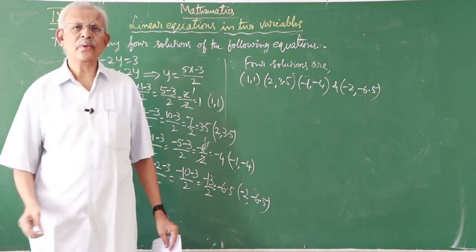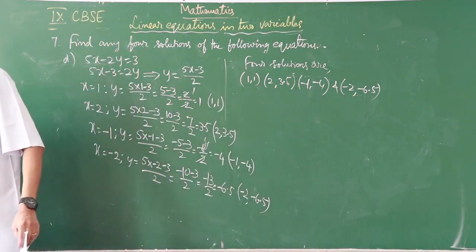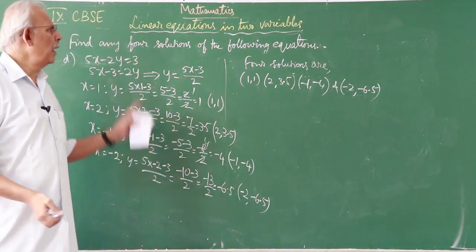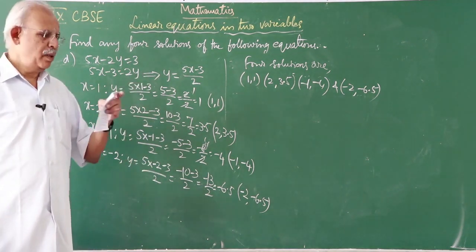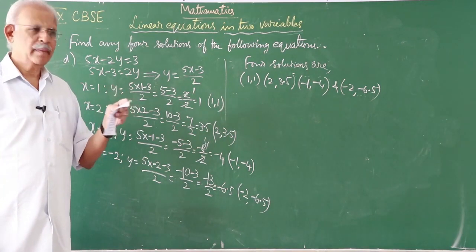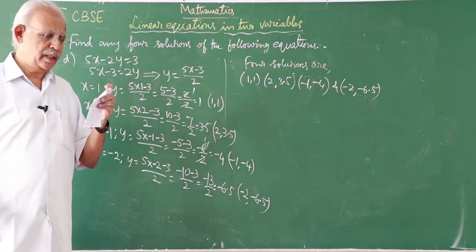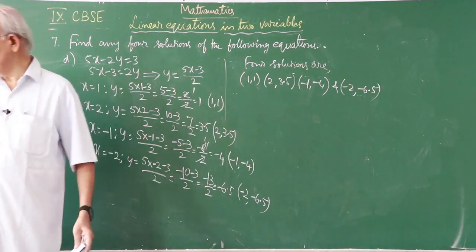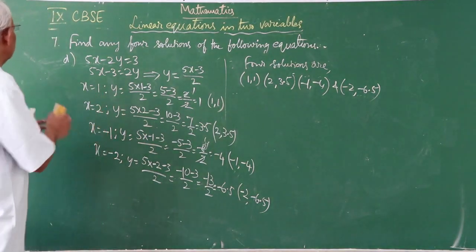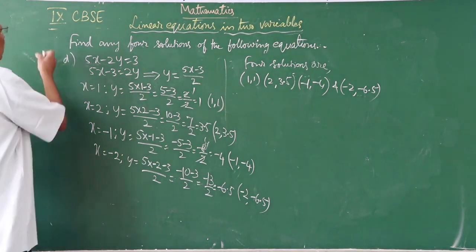These are the 4 solutions. This is how you have to find different solutions for the equations. You have come across different varieties. So all the 4 are different varieties for you. Now look here. Let us go over to another one. 8th one.